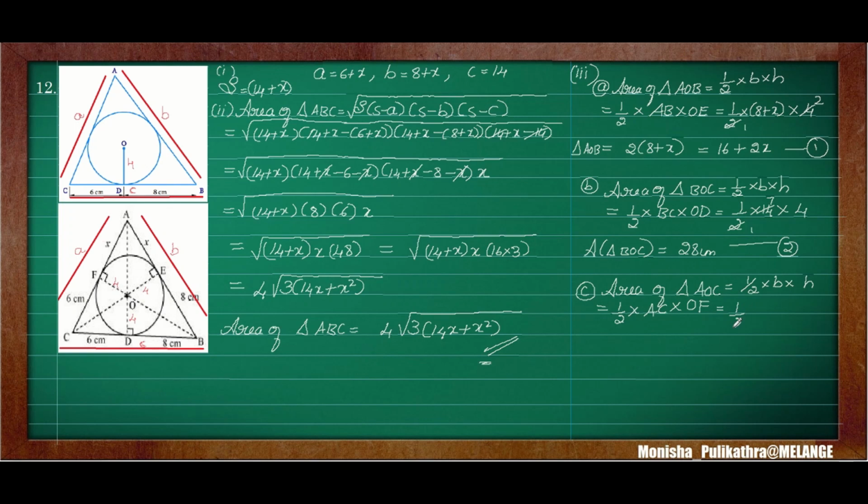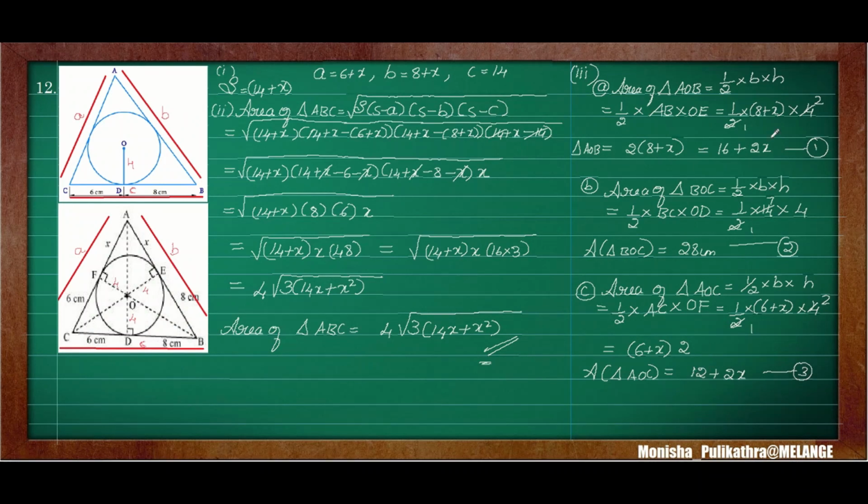Half into AC. AC is equal to 6 plus x and height is 4. So 2 ones are 2, 2 twos are 4. So remaining is 6 plus x into 2. So area of triangle AOC is equal to 2 6s are 12 plus 2 into x is 2x. Let this be equation number 3.